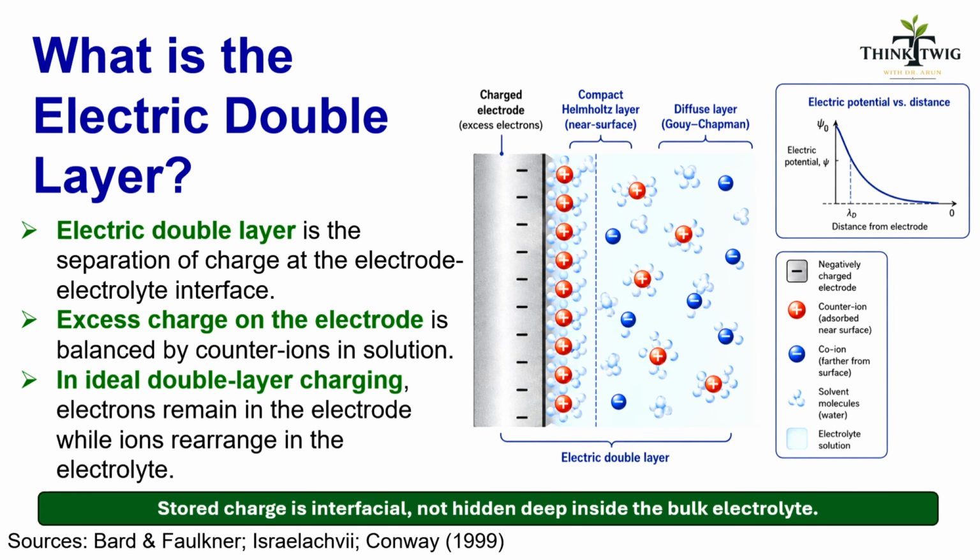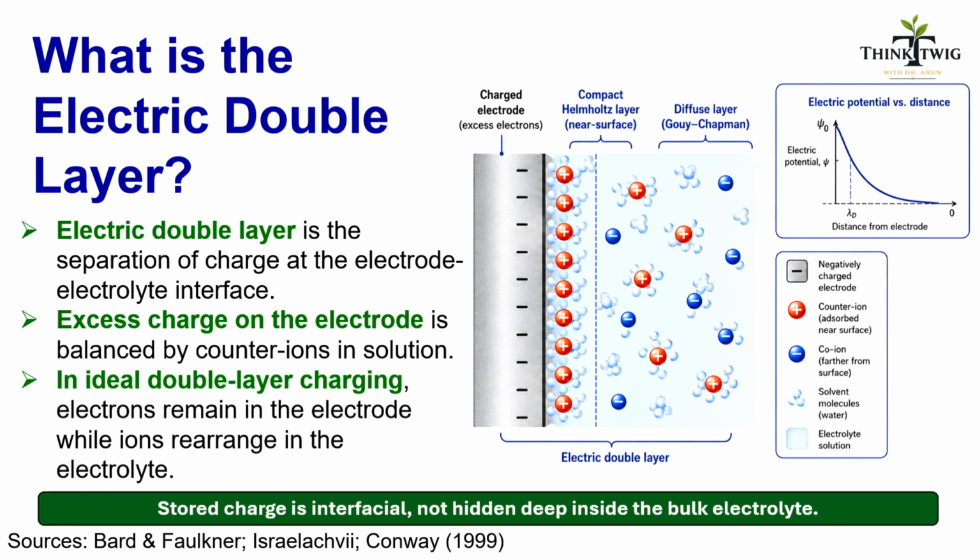But the electrolyte between them also contains charged particles, so-called ions, and these ions respond immediately to the electrode charge. Near the negatively charged electrode, positively charged ions move towards the surface. Near the positively charged electrode, negatively charged ions move closer, and this creates two neighboring regions of opposite charge.